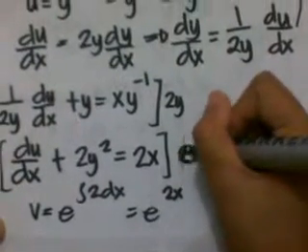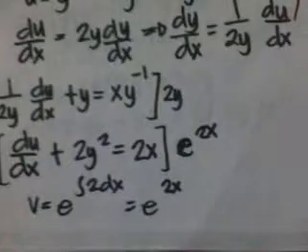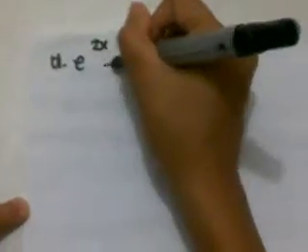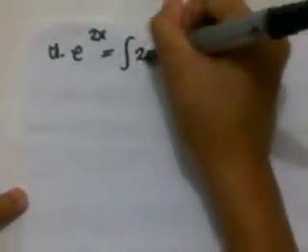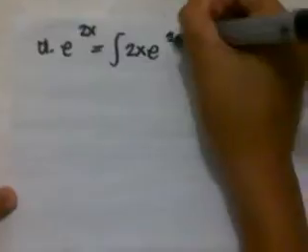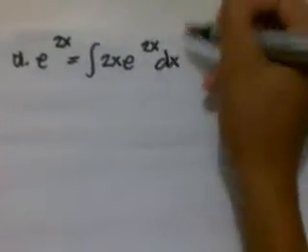It's now u times e^(2x) equals the integral of 2x e^(2x) dx.